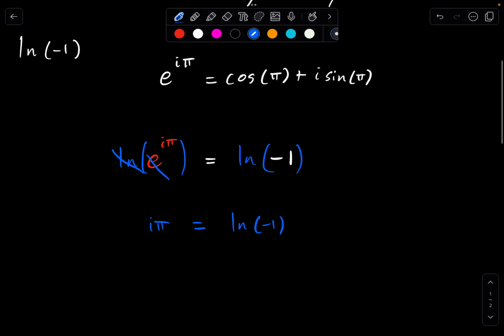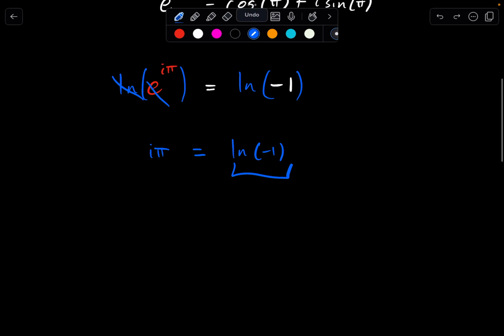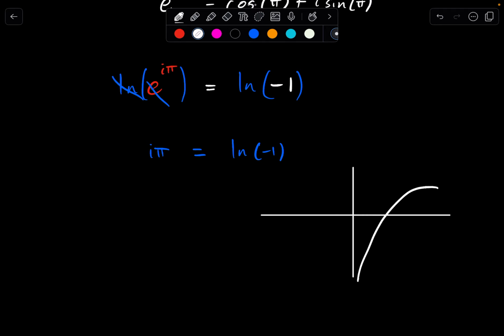So that answers the question. Now, what's the natural logarithm of -1? i pi, which is a pretty cool definition, which means that we can take our original natural logarithm function and extend it beyond just x greater than or equal to 0, because that's the original domain we defined. Now if we plug in a negative number, we get i pi, introducing our complex plane.